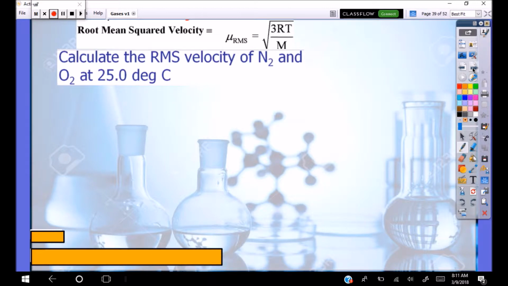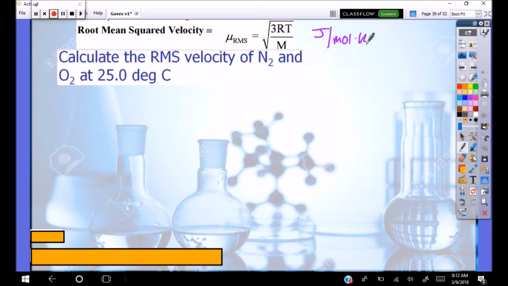The tricky part with this is that the masses have to be in kilograms, because the R value that they use here is in joules per mole Kelvin.